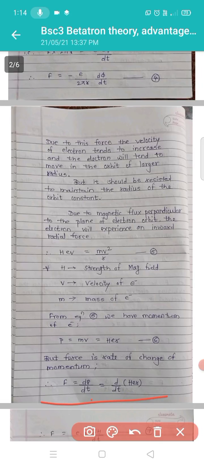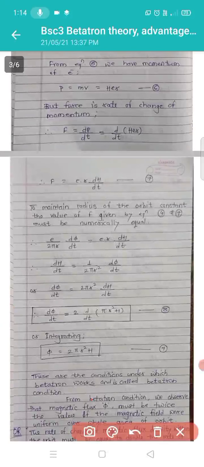Hence we have F is equal to dp by dt, that is equal to d of H e r with respect to t. Further solving it, we get F is equal to e r into dH by dt.